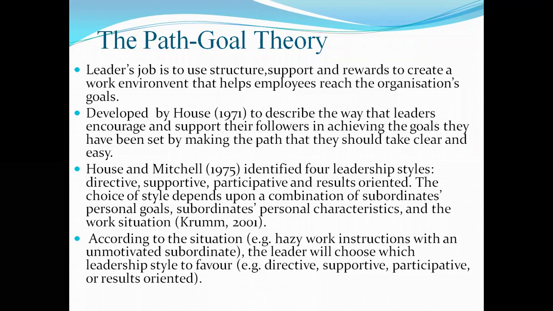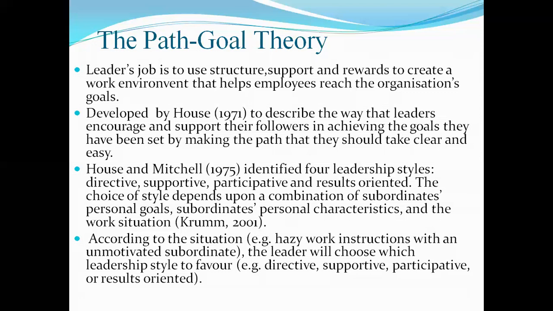Again, in 1975, House and Mitchell identified four leadership styles: directive, supportive, participative, and result-oriented. The choice of style depends on the combination of subordinates' personal goals, subordinates' personal characteristics, and the work situations. According to the situations, for example, unclear work instructions with unmotivated subordinates, a leader will choose which leadership style to favor.